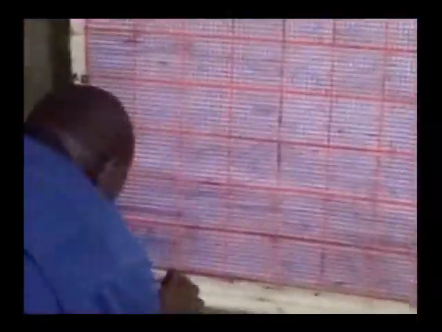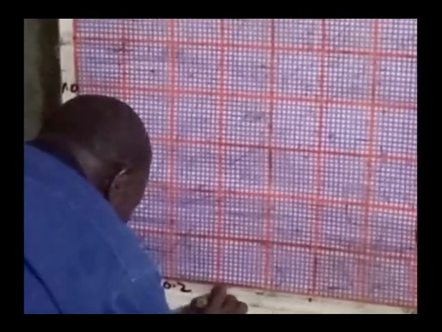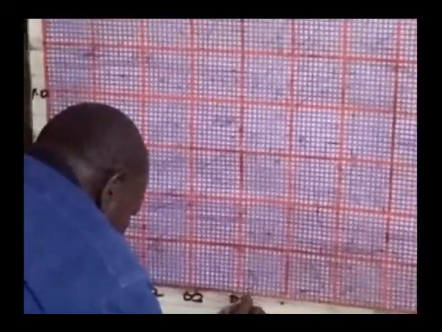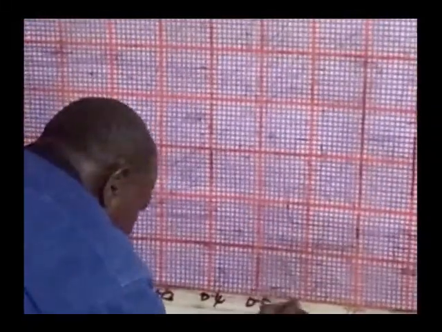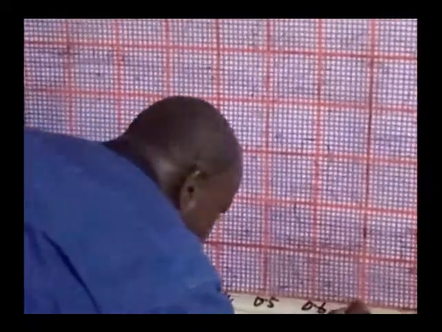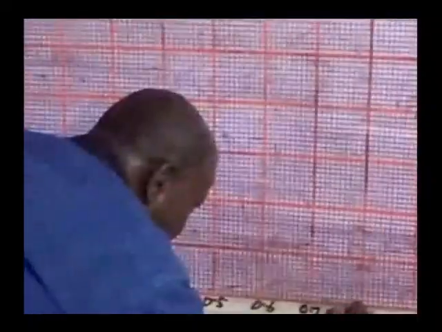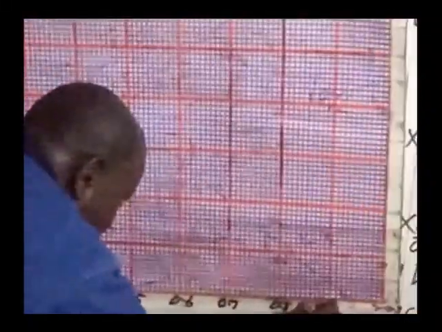So we use 10 small squares is equal to 0.1: 0.1, 0.2, 0.3, 0.4, 0.5, 0.6, 0.7, 0.8, 0.9, 1.0. So this is tan theta. This is S inverse.